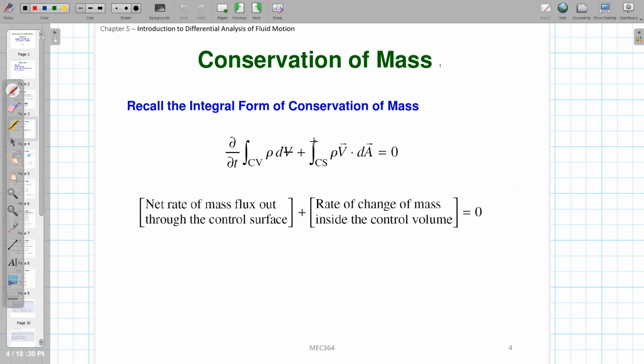We like to get what the overall result will be. That's the meaning of the summation and of the integration. So when you try to solve this integral form of the equation, basically you are looking at this control volume you defined as a whole.